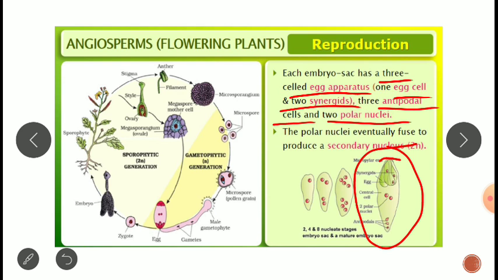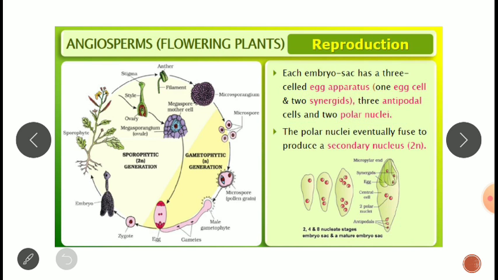So as you can see here, this is 1 egg and 2 synergids. These are the 3 antipodal cells, and these are the 2 polar nuclei. So in this manner, the embryo sac is present. The polar nuclei eventually fuse to produce the secondary nucleus.